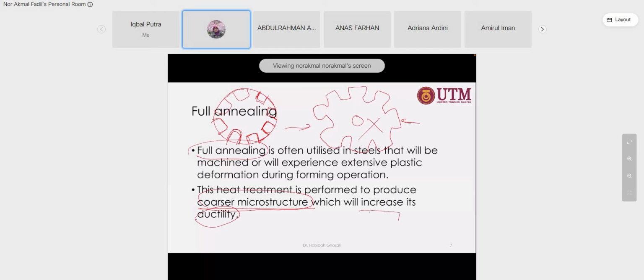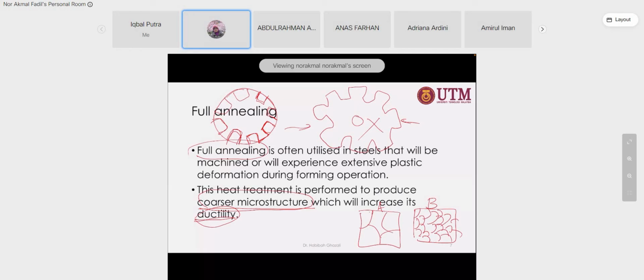Remember, if you have two different microstructures, for example, this coarse and this fine microstructure, which one is stronger, or which one is more ductile, A or B? A. So the full annealing process ultimately obtains the coarse microstructure. If your material becomes soft or ductile, then you can proceed with the next machining process.